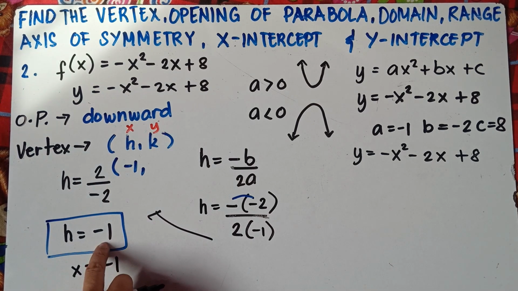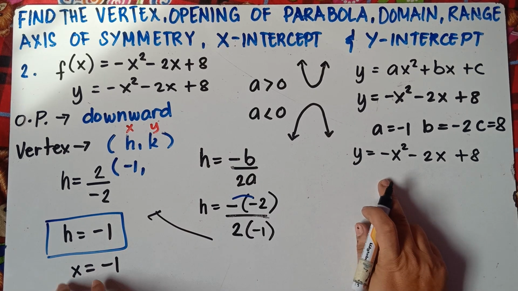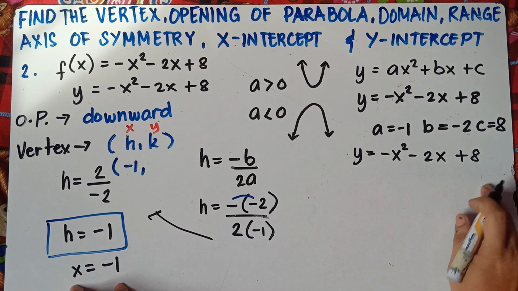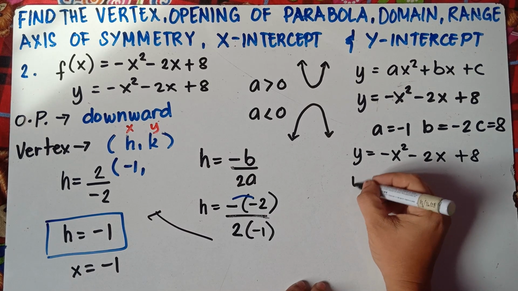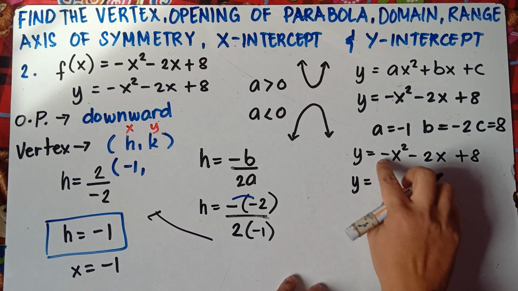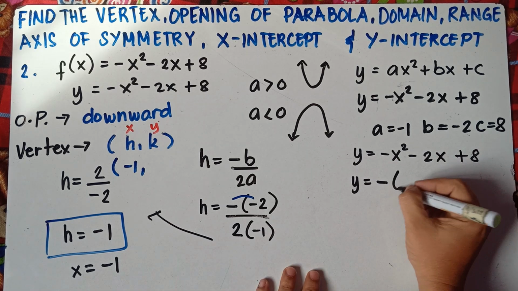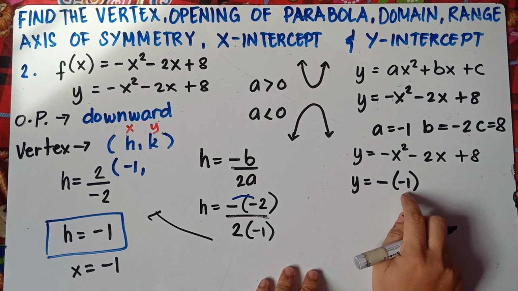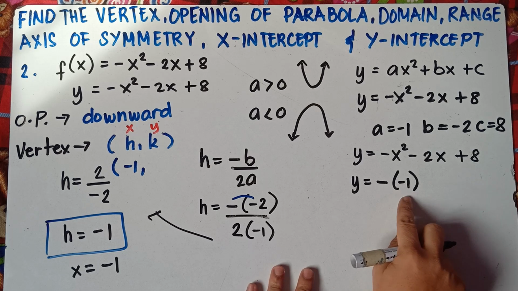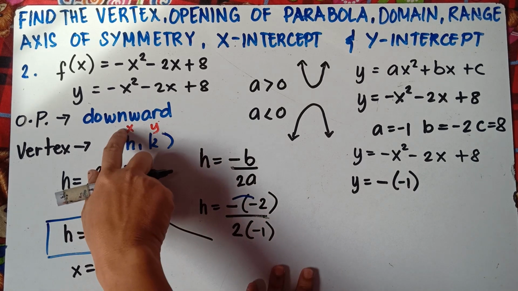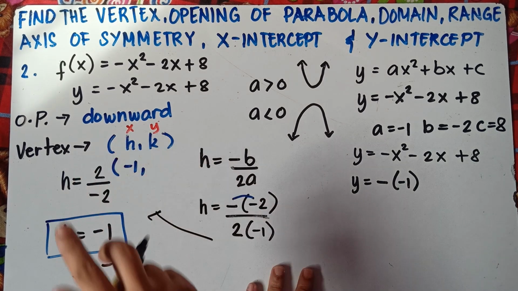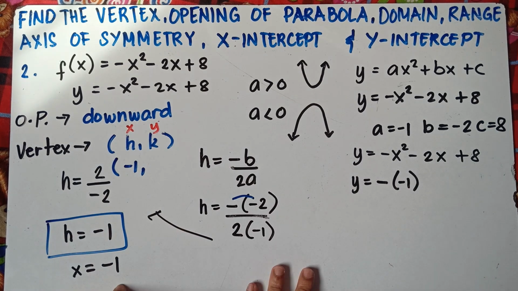To get the value of y, simply substitute this negative 1 into this equation. So y equals, copy the negative sign, then your x is negative 1. Once again class, do not be confused, where did I get negative 1? Negative 1 is our h. And x is equal to h, so therefore, our x is equal to negative 1.